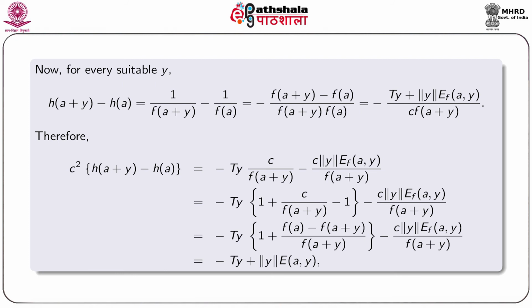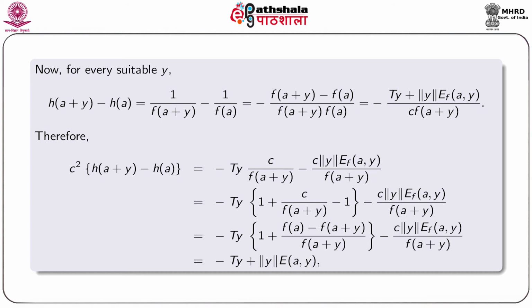So, we can write this as the negative of T y plus norm y E_f(a,y) divided by c times f(a+y). To make our calculations easier, instead of h(a+y) minus h(a), we better find c squared times h(a+y) minus h(a).